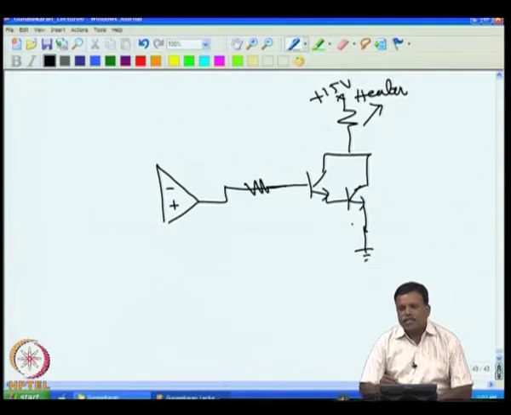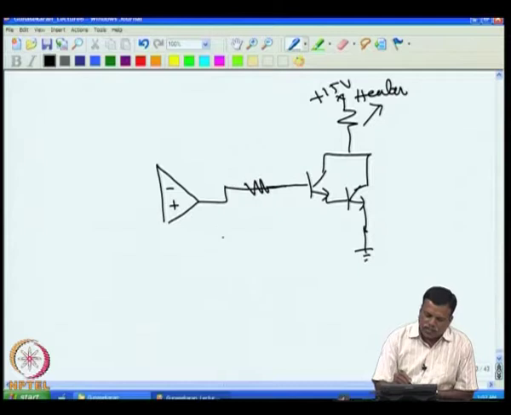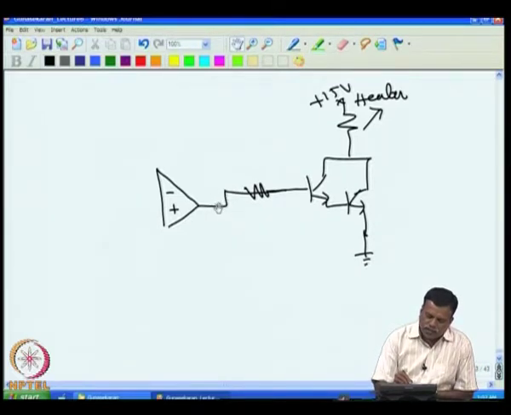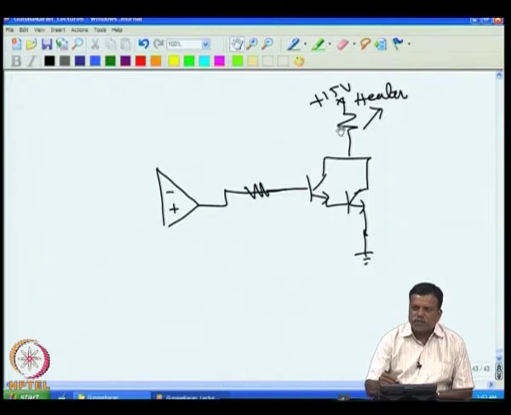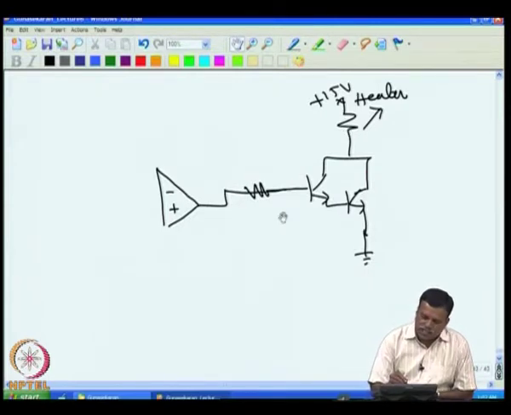Now, if I connect like this, then this will not act as a proportional controller, because whatever voltage change is occurring at this point should produce a corresponding voltage change across the heater; only then will the proportional controller action work. If the proportional controller is not acting well, then obviously adding integral and differentiator action will also not do anything, because in this case a small change in voltage here will produce a large change in voltage here.